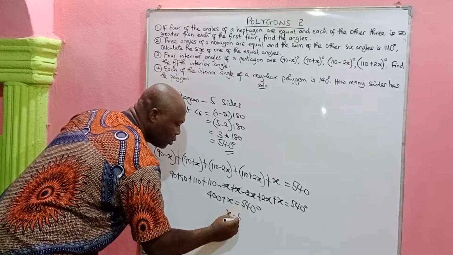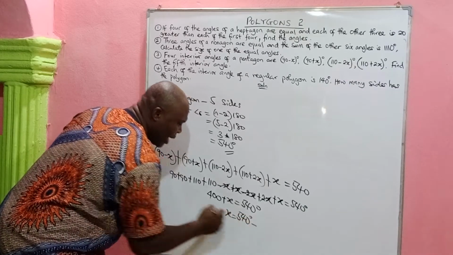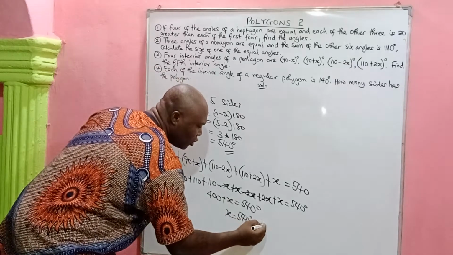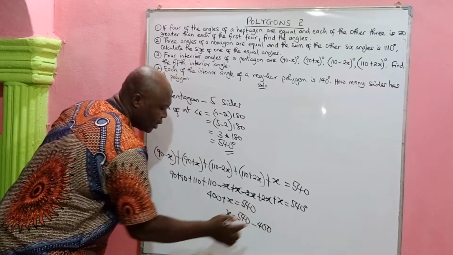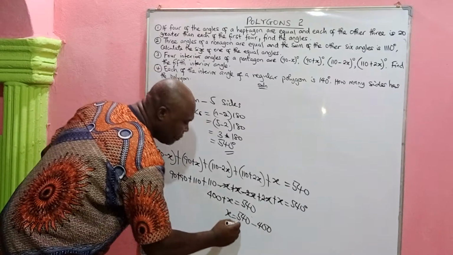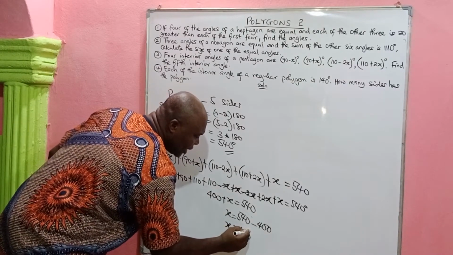x now will be equal to 540 degrees minus 400 degrees. So x is equal to 540 minus 400, which is 140 degrees.